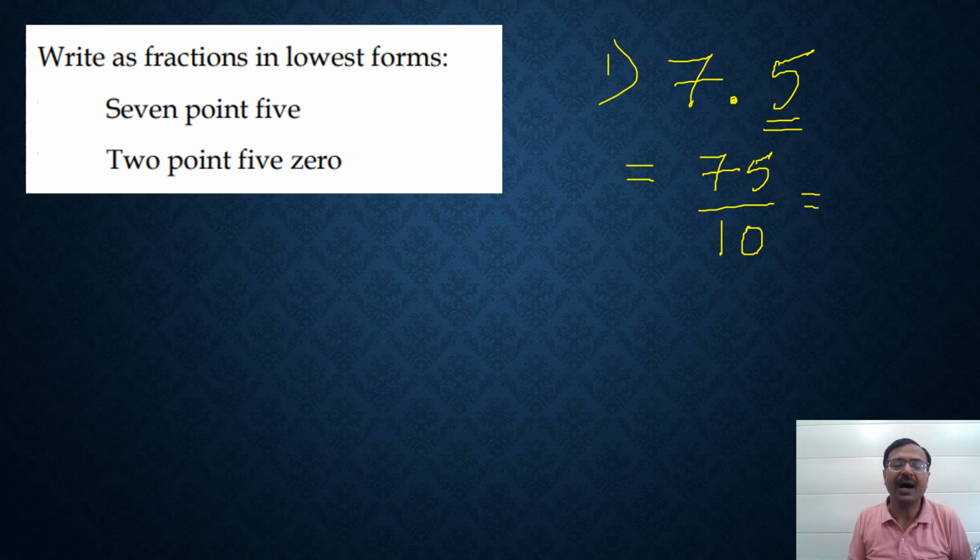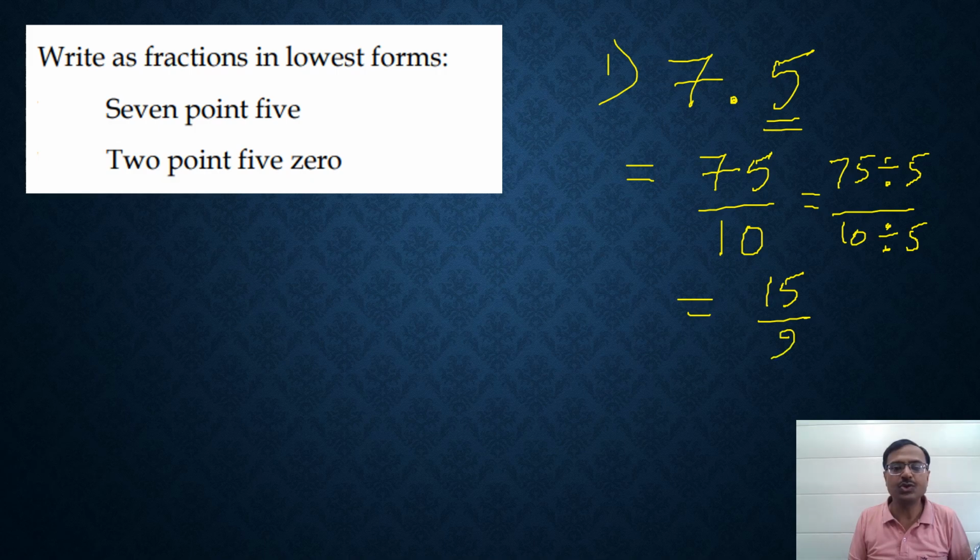And what is the highest common factor of 75 and 10? It is 5, right? So if you divide 75 by 5 and divide 10 by 5, you will get the lowest form, and that is 75 by 5 is 15 and 10 by 5 is 2. Or you can write that as a mixed number also, that is 7 and a half.